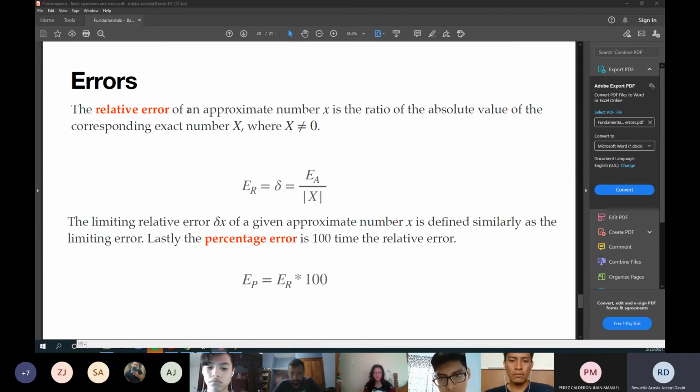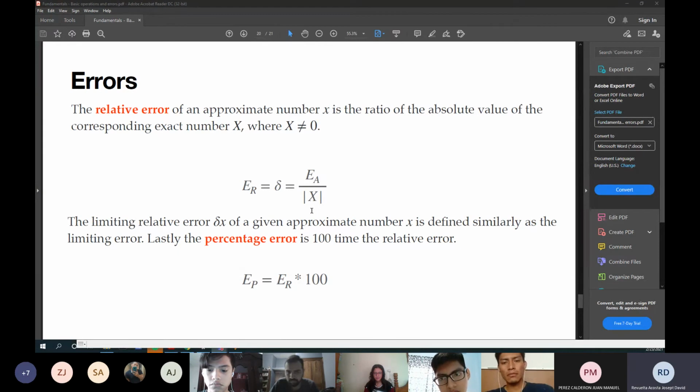So the relative error, ER, or lowercase sigma, is going to be equal to the absolute error divided by the absolute value of the true value or the exact value. Okay?